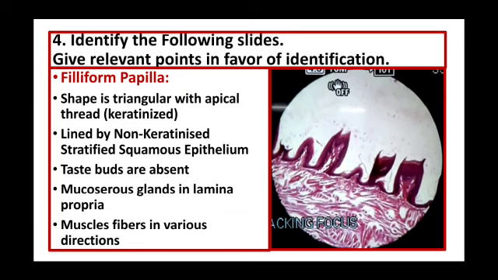That is very important. The taste buds will be absent in this filiform papilla. So in the lamina propria, the seromucous glands may be seen, and muscle fibers will be running in various directions.